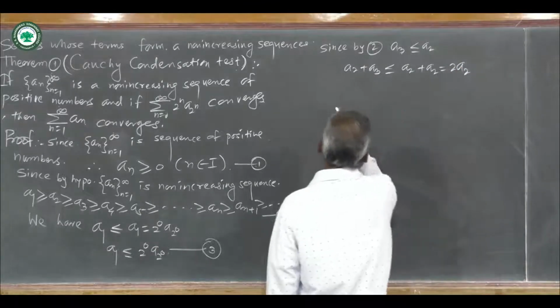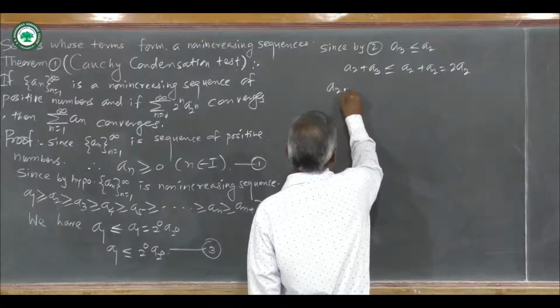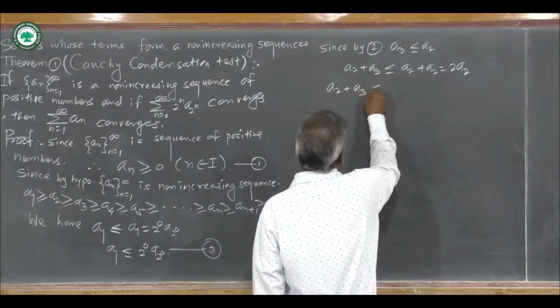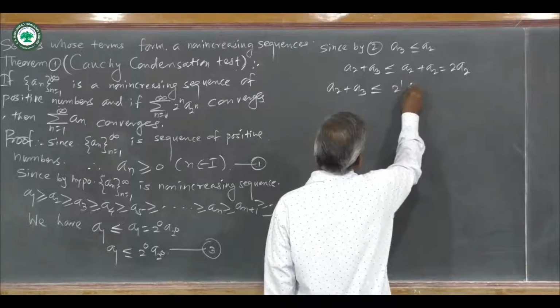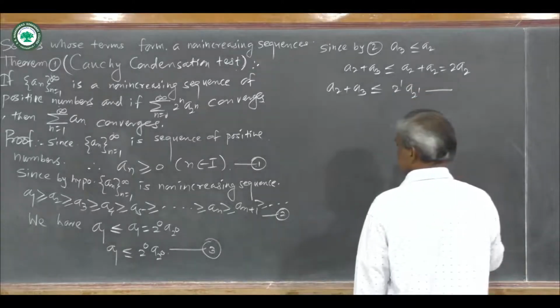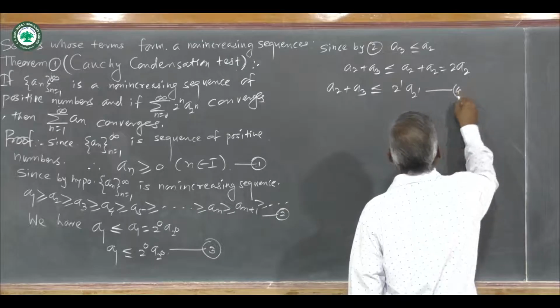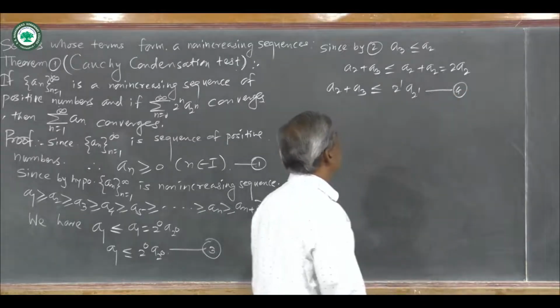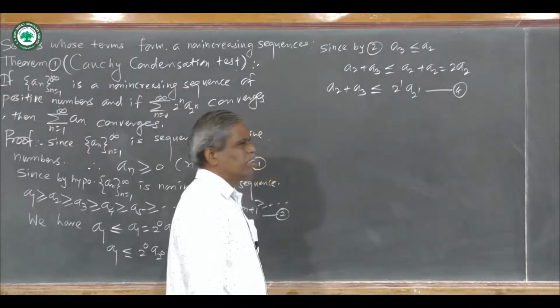Therefore, we obtain a2 plus a3 is less than or equal to 2 raised to 1 into a suffix 2 raised to 1. This is relation number 4.